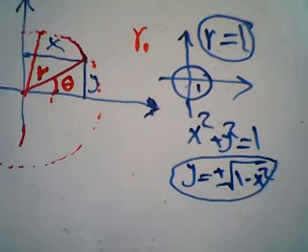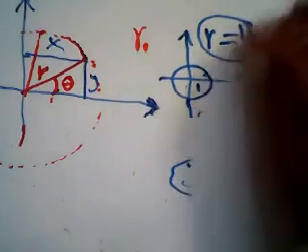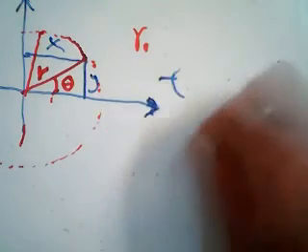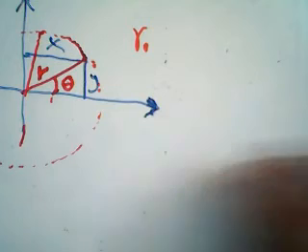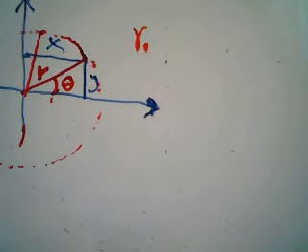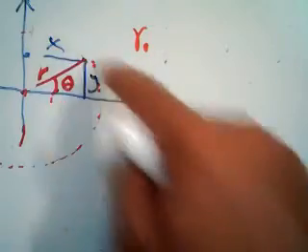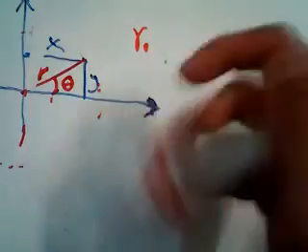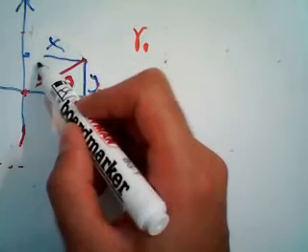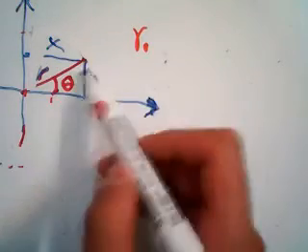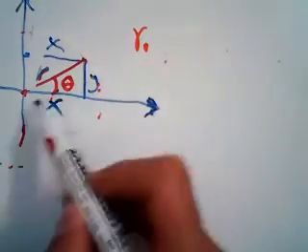And before having more examples, let's first talk about how to transfer between the two coordinates. Okay, this is r. So here, this is x, this is y.